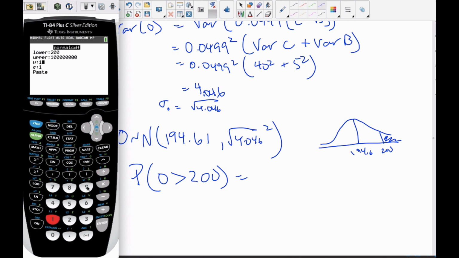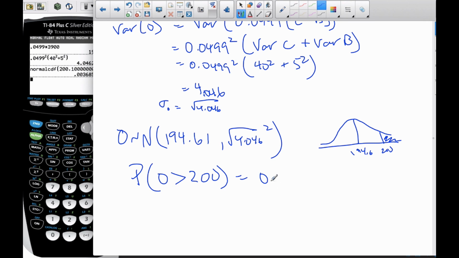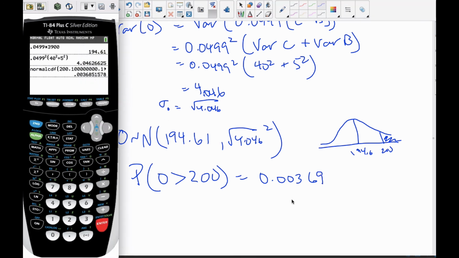My mean was 194.61. My standard deviation was the square root of 4.046. And I end up with a probability of 0.00369, that is rounded to 3 significant figures.